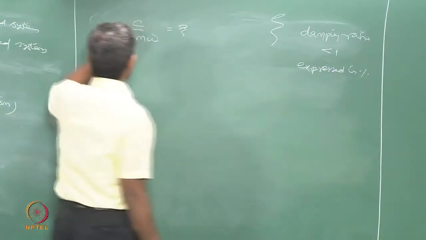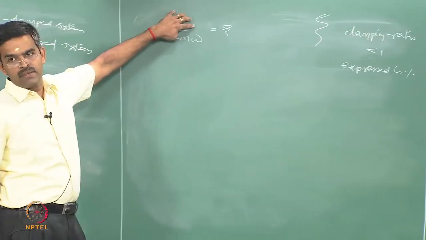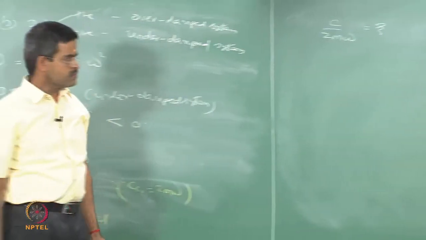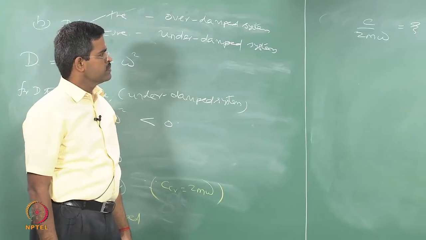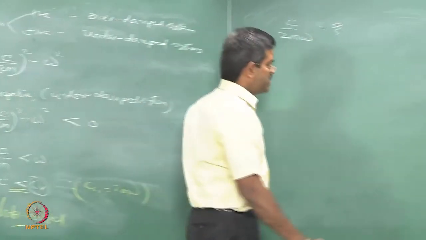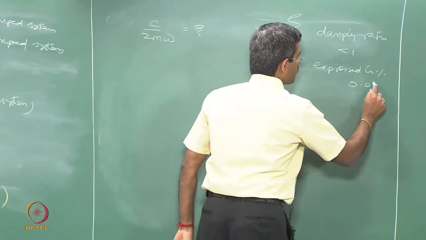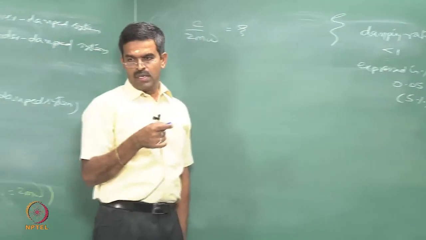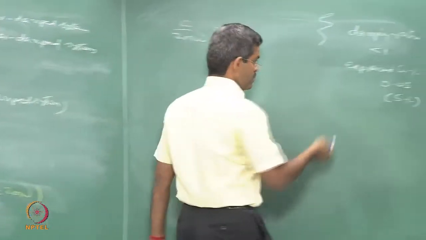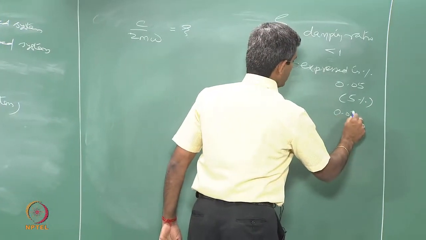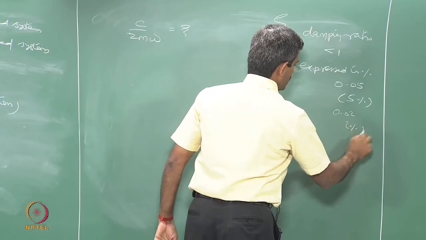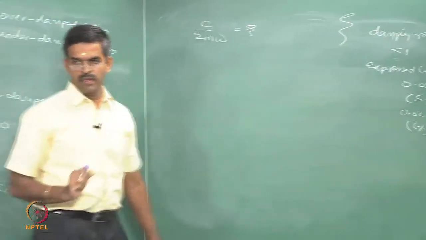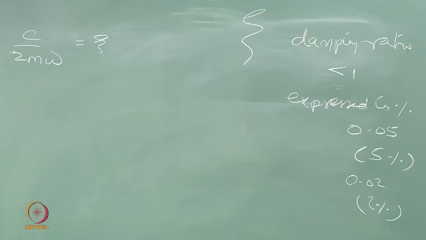We already know that C is less than C_cr. In offshore structures, it is generally taken as 0.05 or 5%. In steel structures, it is usually taken as 0.02 or 2%. That is the usual value.